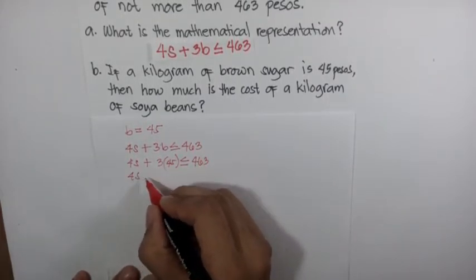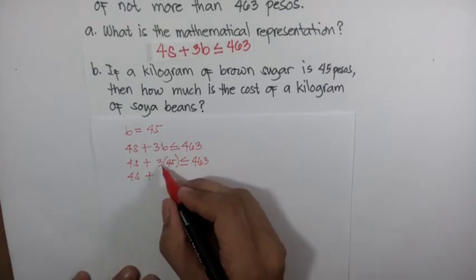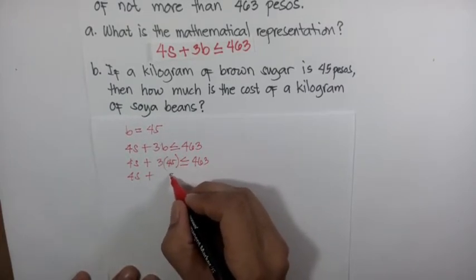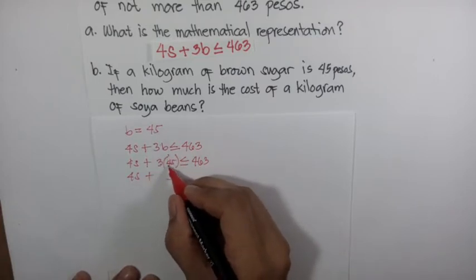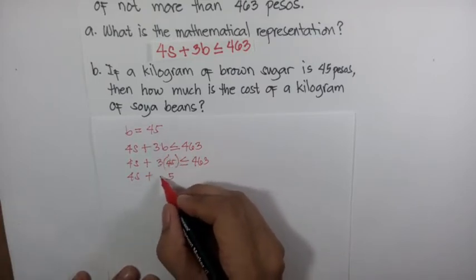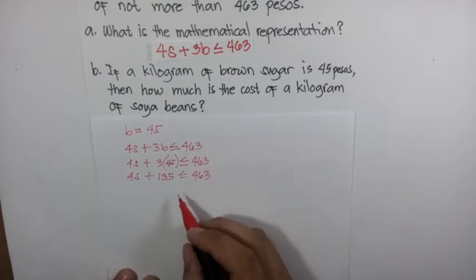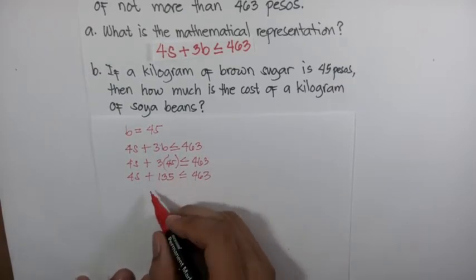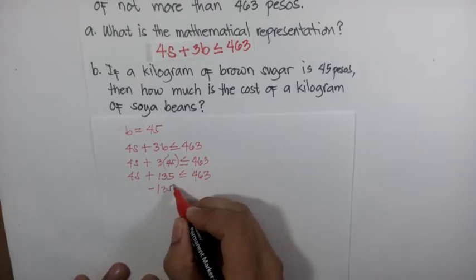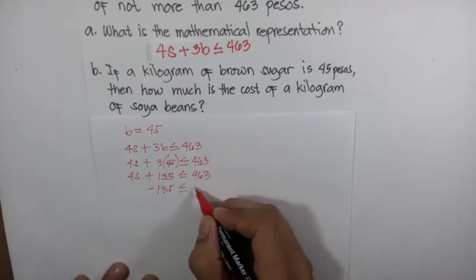So you have 4S here. 3 times 45: 3 times 5 is 15. You carry 1. 3 times 4 is 12, plus 1, that is 135. Now you are going to add negative 135 so that this one will be 0.